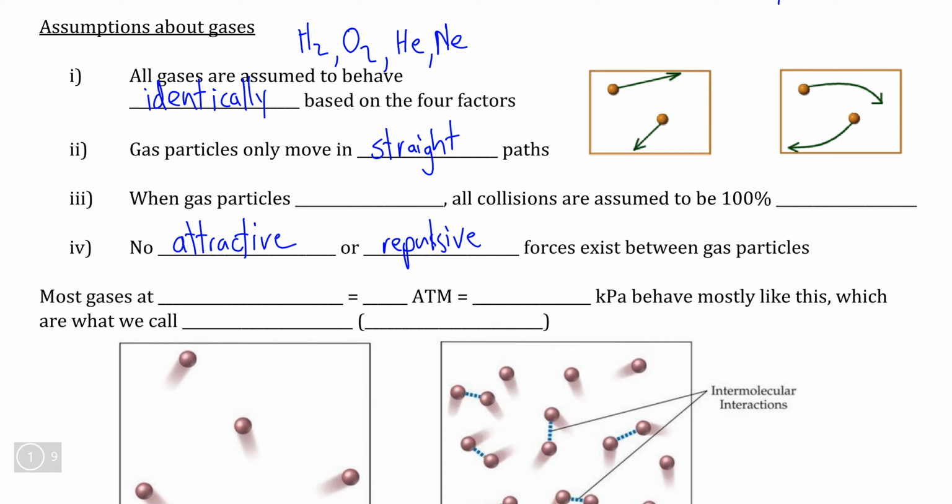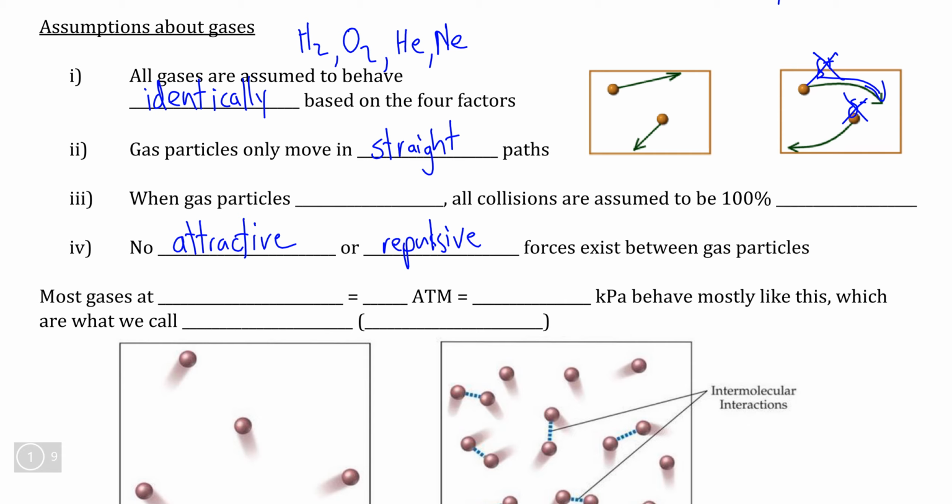Let's say that we're dealing with a gas that is polar, or has dispersion forces that exist within gases. If we get a negative pole on this gas here, and this gas has a positive pole here, that will influence the direction of gas path travel. So the assumption about no significant attractive or repulsive forces also means that because these dipoles are not here, there is no attraction or repulsion that would stop gases from moving in straight paths.